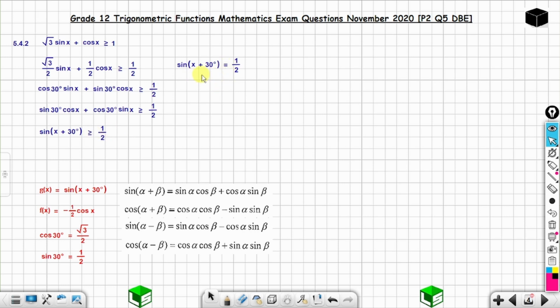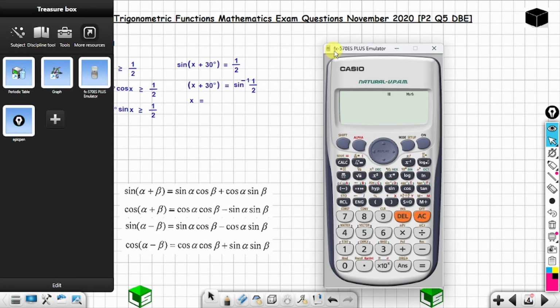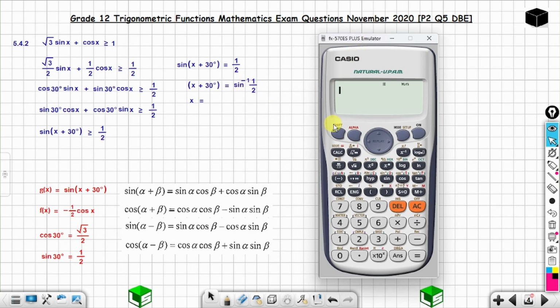You have x plus 30 degrees is equal to arcsine of this. Use your calculator. X is equal to arcsine. You press shift, sin, you have arcsine of this, minus 30.